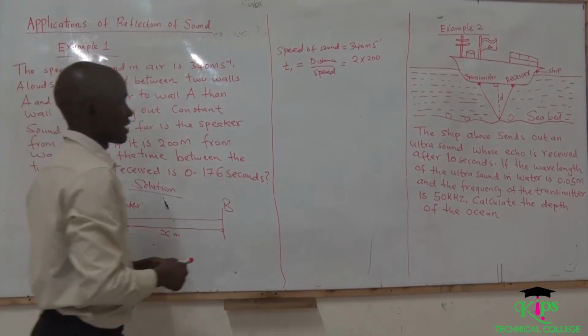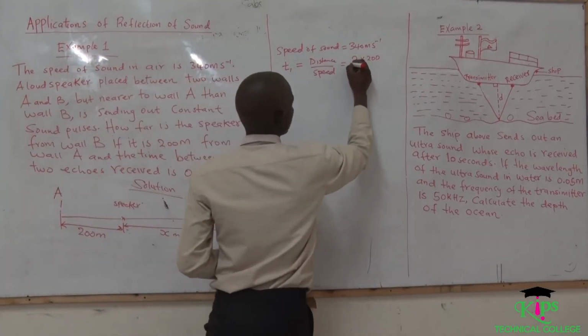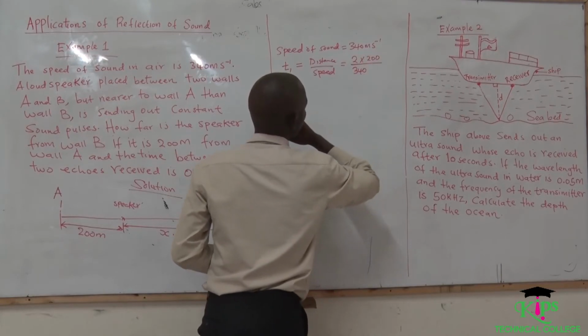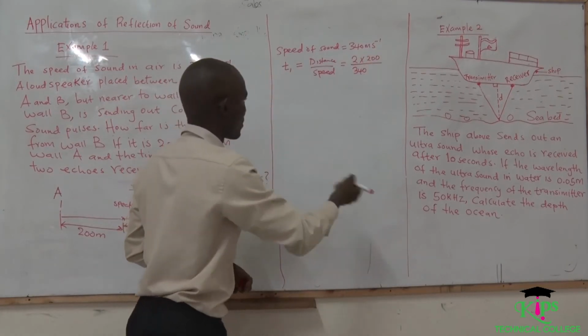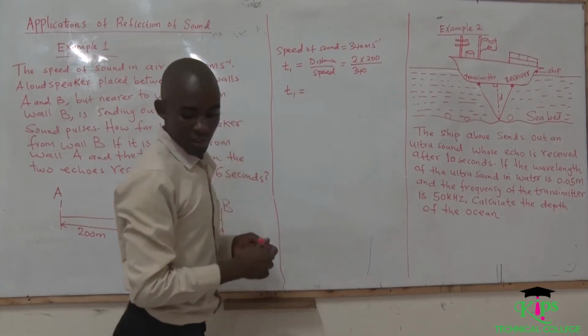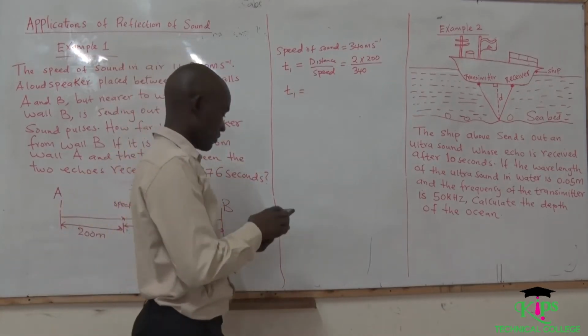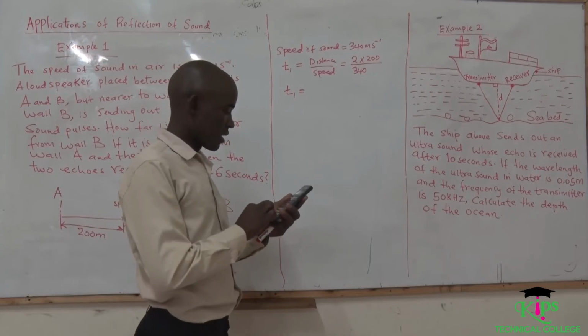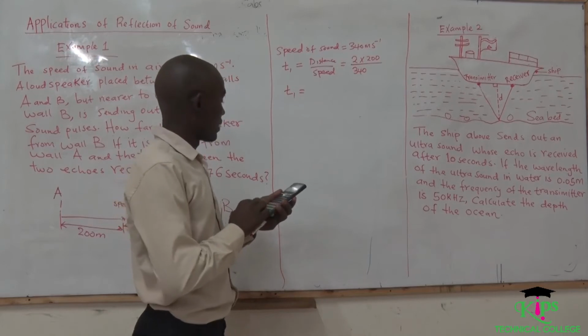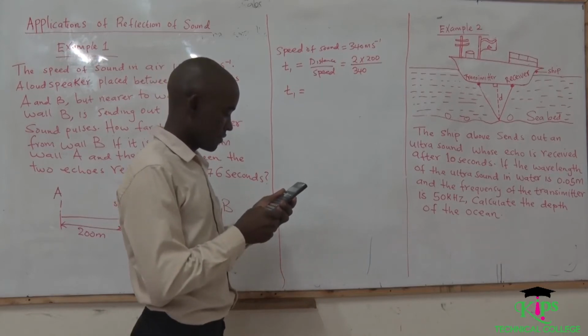So we double the distance, divided by the speed, which is 340 meters per second. Then time 1 will be equal to, if you use your calculator, 400 divided by 340.